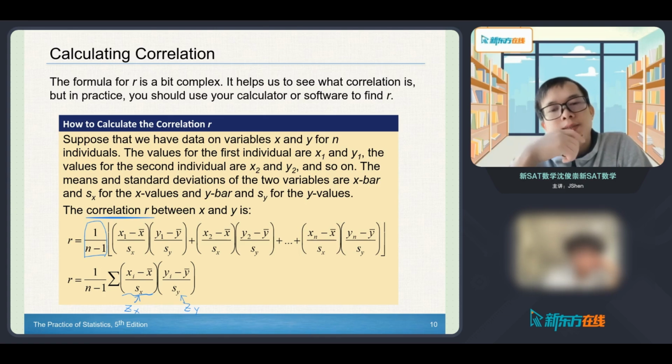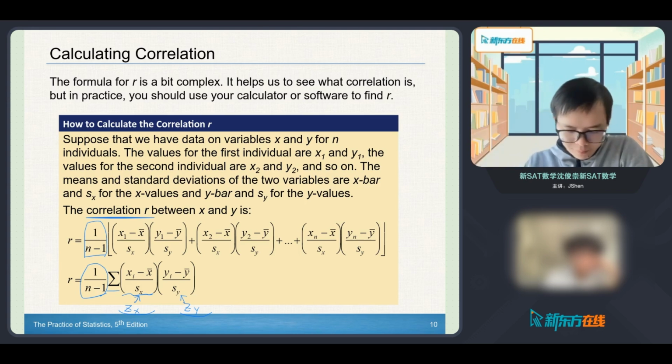Then you multiply the z values of x and y, and then you add them up. No, my bad, it's not any pair, it's for each individual, or each point.